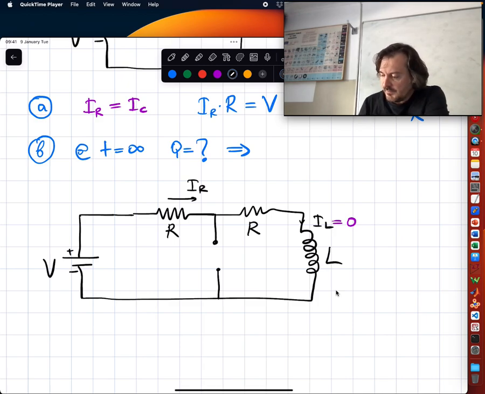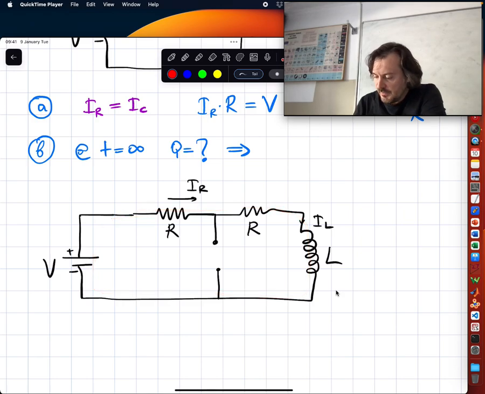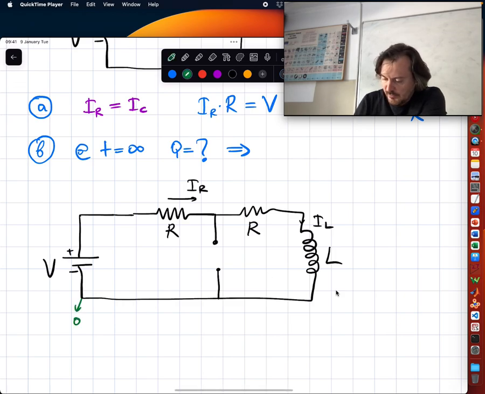So since all current flows through here like this, what is the potential difference between these two points? Let's figure it out. Let's say the potential over here is 0. Over here it is V, right?